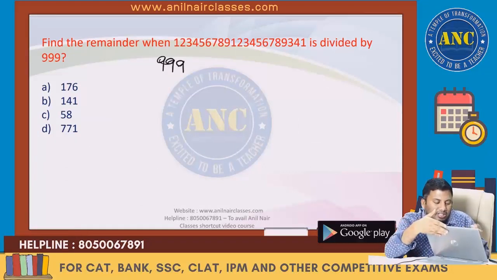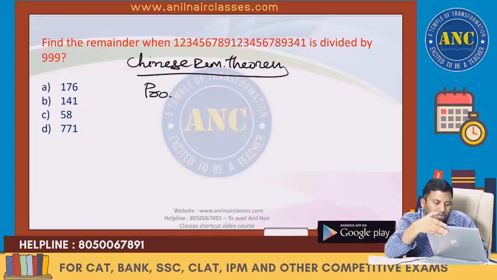999, Chinese remainder theorem. What is Chinese remainder theorem? It says write down it as a product of coprimes.